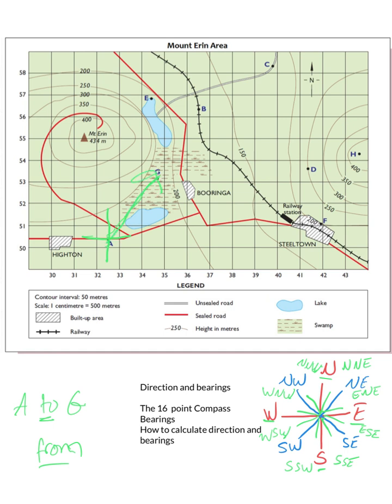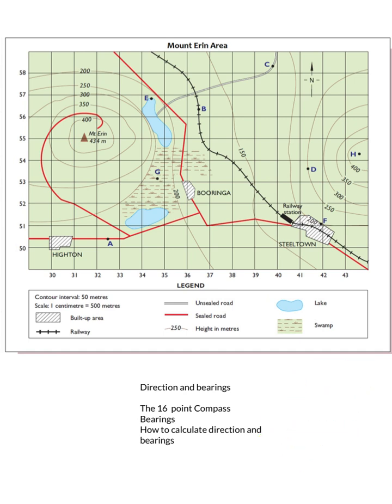The distance of A to G would be a northeasterly distance. It's literally just what direction you are going to point in. As I said, draw yourself a compass. Make your life a lot easier.